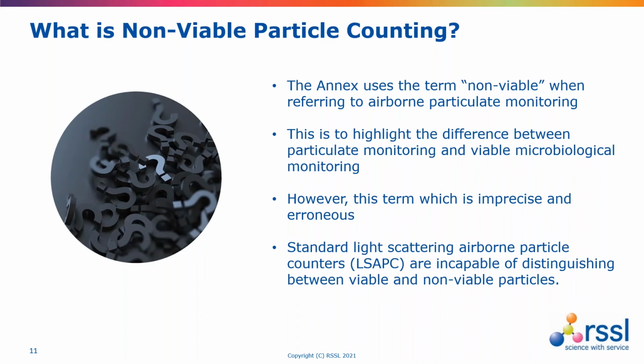So it is a total particle count, and we're reliant upon viable methods to give us an indication. Although there are new technologies emerging, spectrophotometric counters, that can create that differentiation and start to indicate what a particle may or may not be. But that is one area of the annex that I think could do with a little bit of revising.